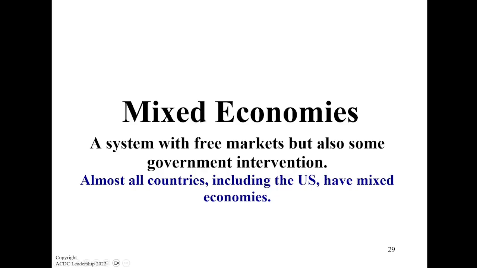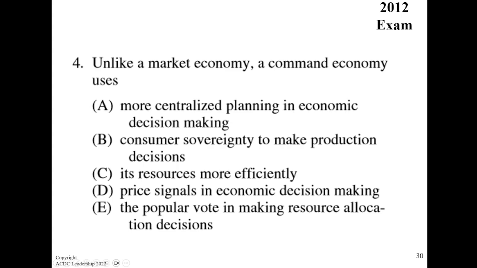Now, let's go over an AP question. Unlike a market economy, a command economy uses more central planning in economic decision making. This is somewhat true, so this could be the correct answer. Consumer sovereignty to make production decisions? This is not true. Consumers don't participate in the market.